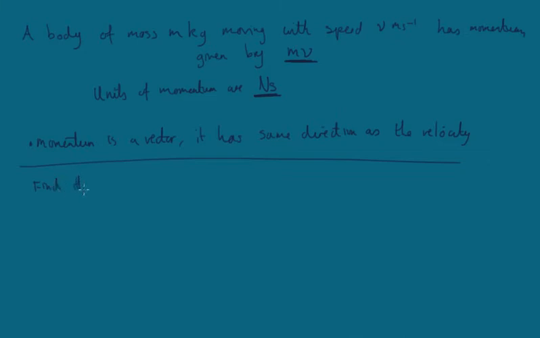Find the momentum of a body of mass 3 kilograms moving at 5 meters per second. We know momentum is mass times velocity. The mass is 3, the velocity is 5, so that's going to be 15 Newton seconds.